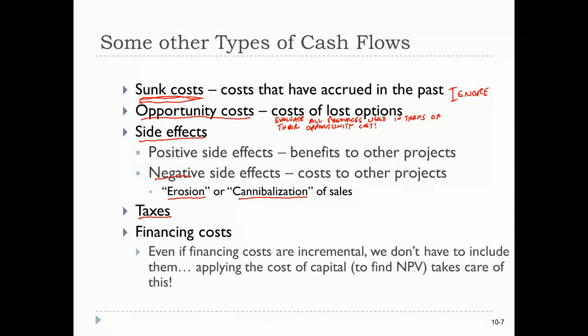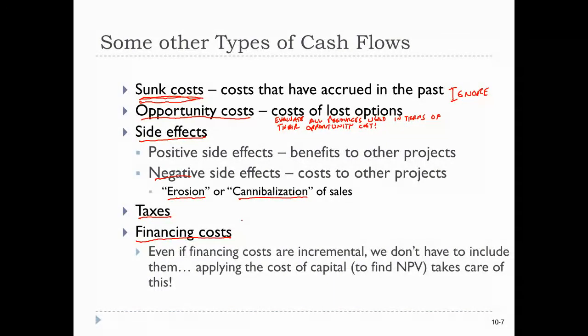One that's a little surprising is the financing costs. We all know that businesses raise capital by selling bonds and selling stock, and we saw in Chapter 14 how those sources of capital have costs attached to them.